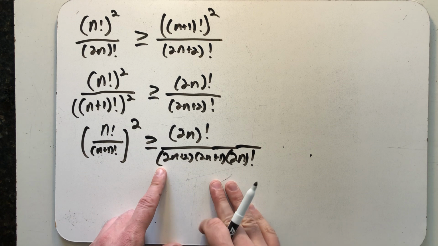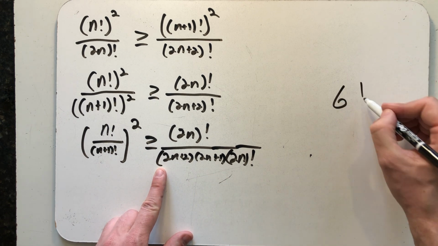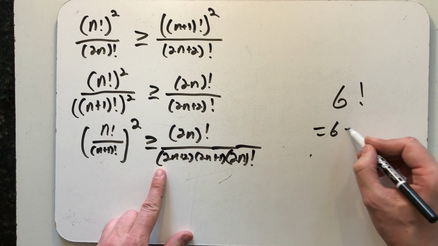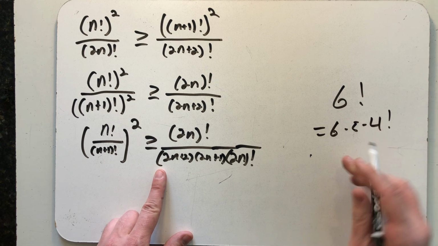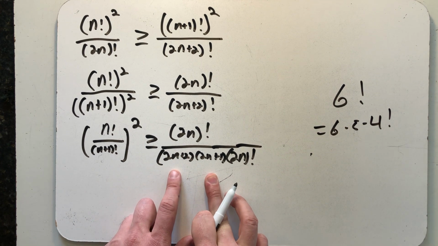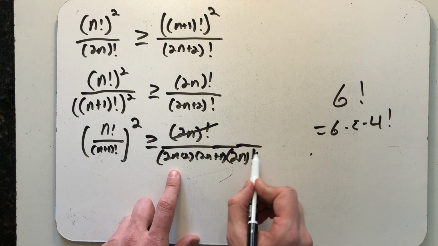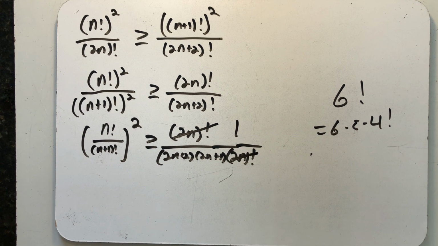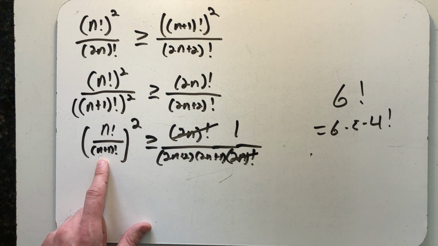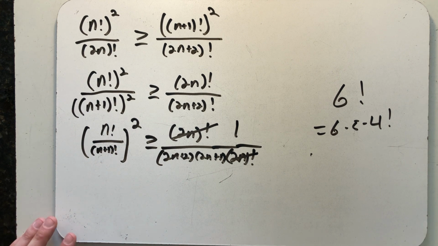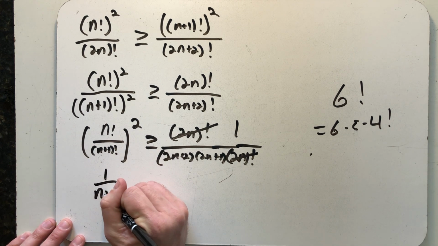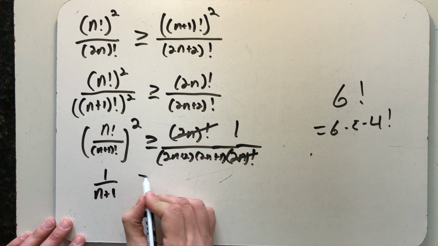Right, just thinking about what factorials do, that if I'm looking at 6 factorial, I can think about that as 6 times 5 times, well, 4 factorial. I split off the first 2 parts, and that's going to let me do some very nice canceling. If we investigate the inside of this parenthesis, we actually find out that would become 1 over n plus 1.